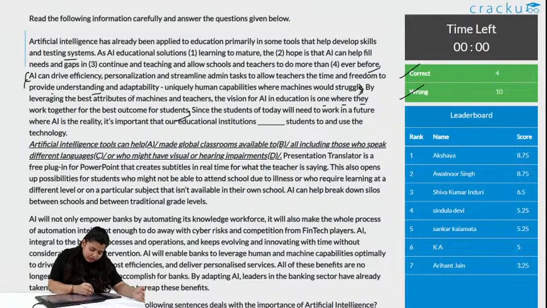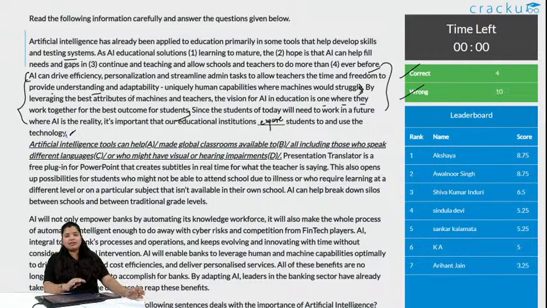Even this portion, I am just putting inside the brackets. Since the students of today will need to work in a future where AI is the reality, it is important that our educational institutes expose students to and use the technology.